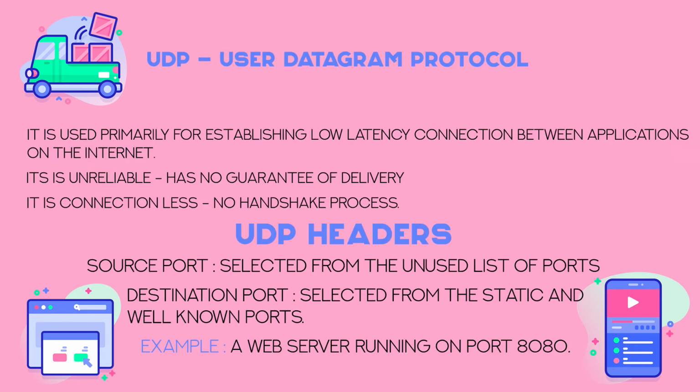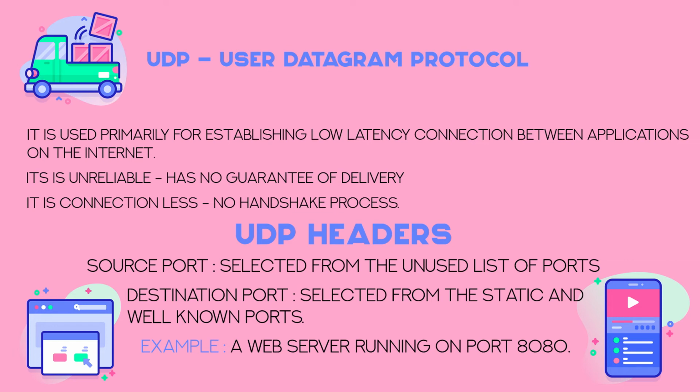Now coming towards UDP, User Datagram Protocol. UDP is used for establishing low latency connections between applications on the internet. The two common features of UDP are that it is unreliable, in the sense that it has no guarantee of delivery to the destination, and that it is connectionless, in the sense that it doesn't require a handshake process.